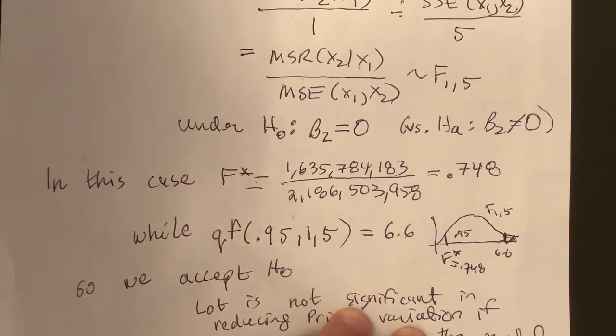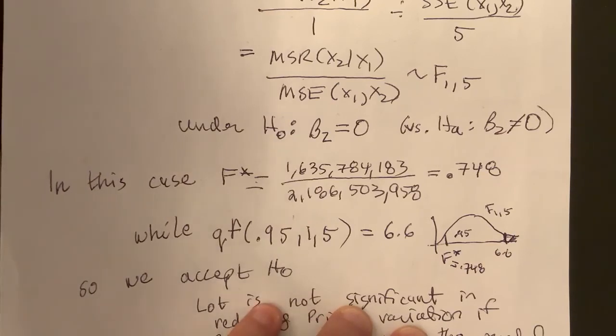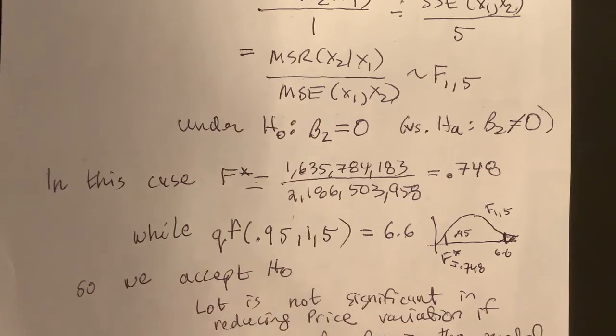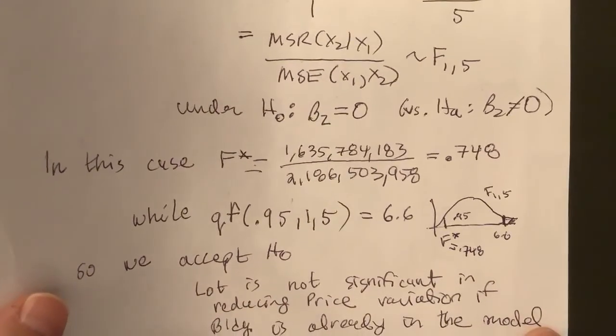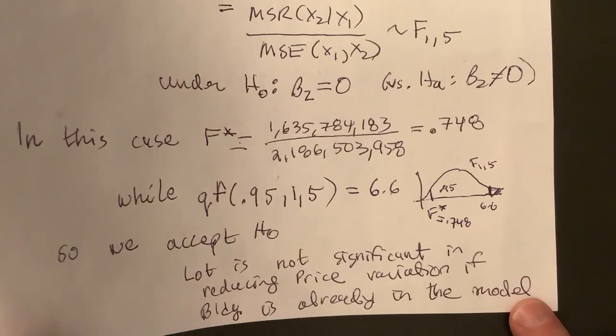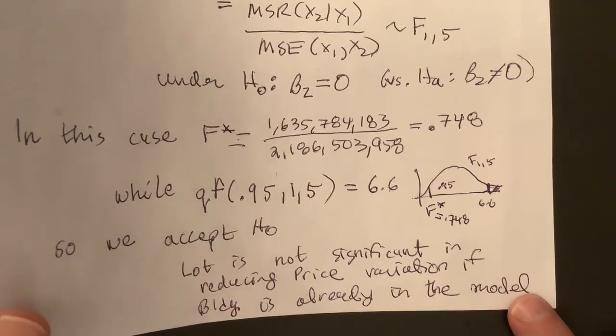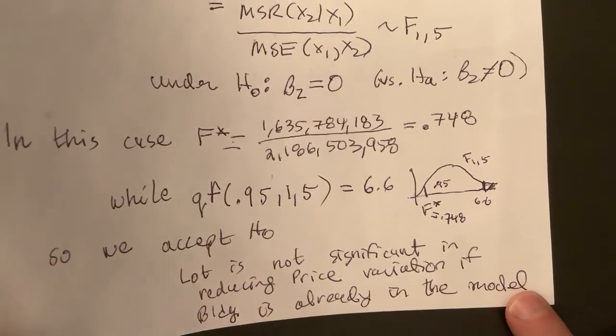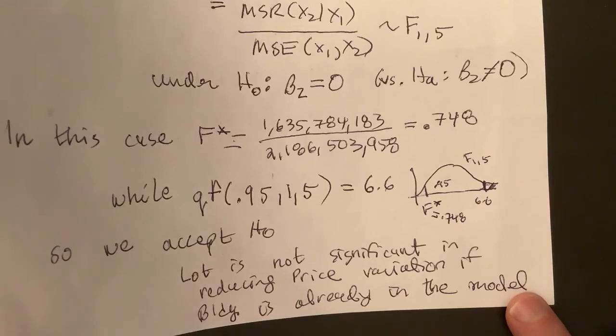So this is not in the rejection region. In other words, we would like to bound the probability of a type 1 error to be 0.05, say. That's what I picked here. And if I do that, then I reduce the probability of a type 1 error to 0.05.